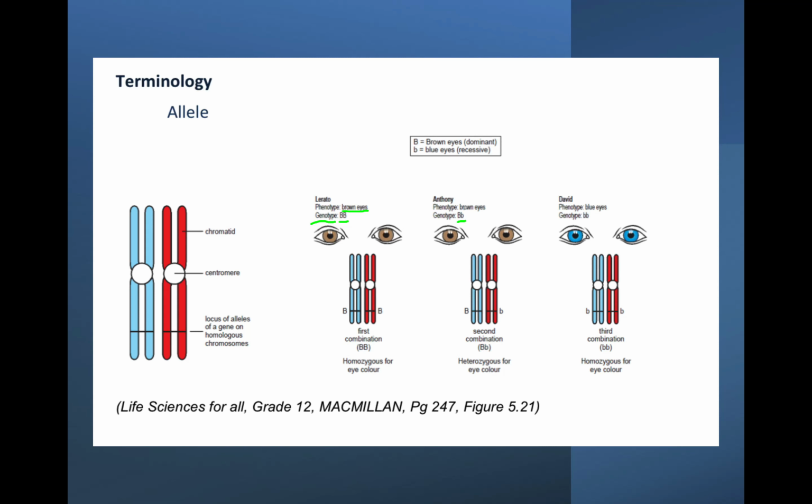We can't see whether he is heterozygous or homozygous, but I can see whether Anthony has brown eyes or blue eyes. And that is what phenotype is. It's how the person appears outwardly. That brown eyes, that blue eyes, is the phenotype or the physical appearance we are talking about.